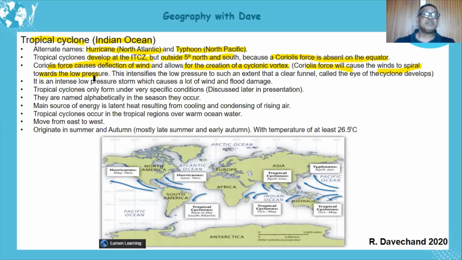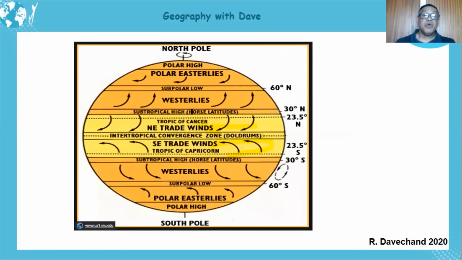When the winds start getting deflected, a bit of a disturbance is created, and that's a low pressure.